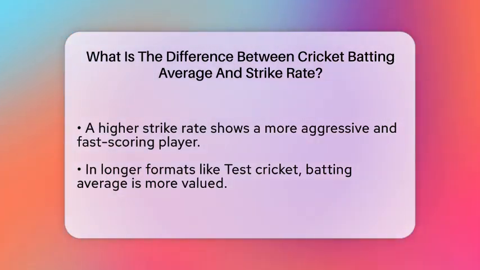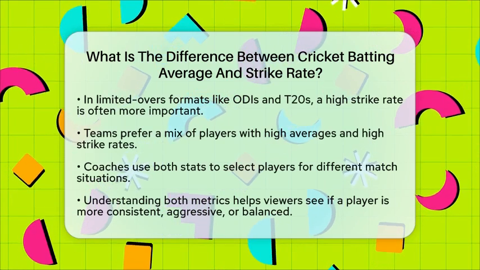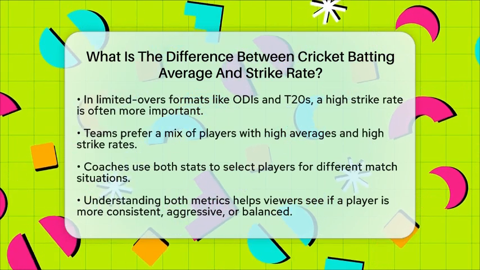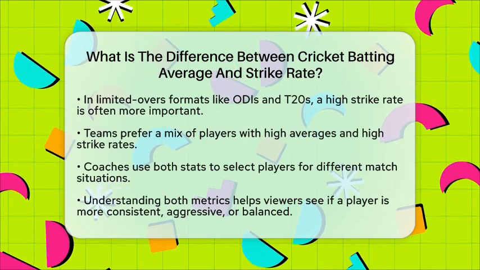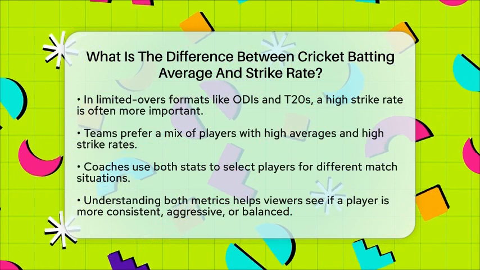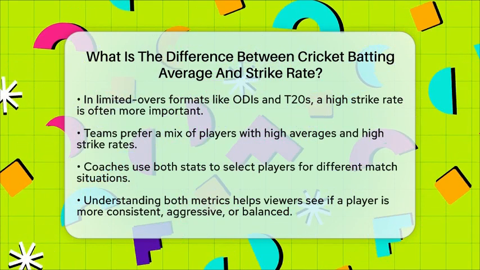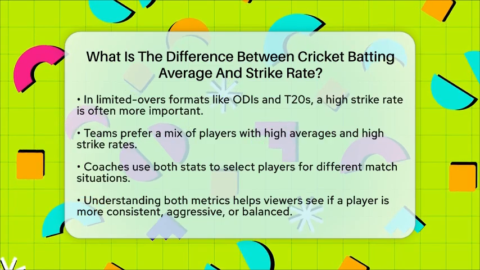In Test cricket, batting average is often more valued because players need to stay at the crease longer and avoid getting out. But in limited overs games, a high strike rate can be more important to keep the scoreboard ticking. Coaches and selectors look at both metrics to decide who to pick for different situations.